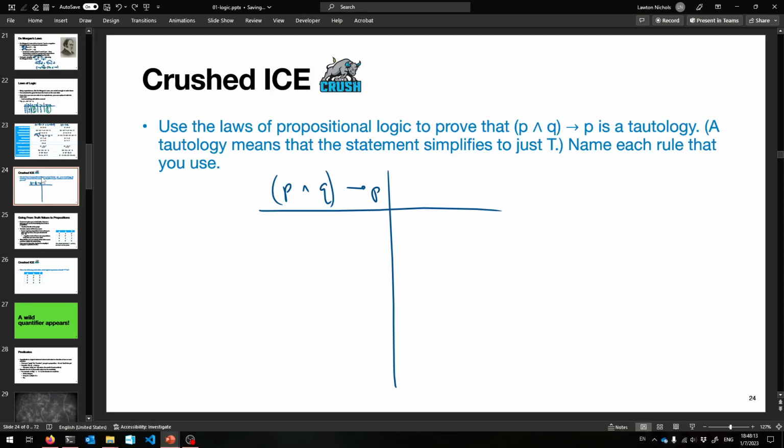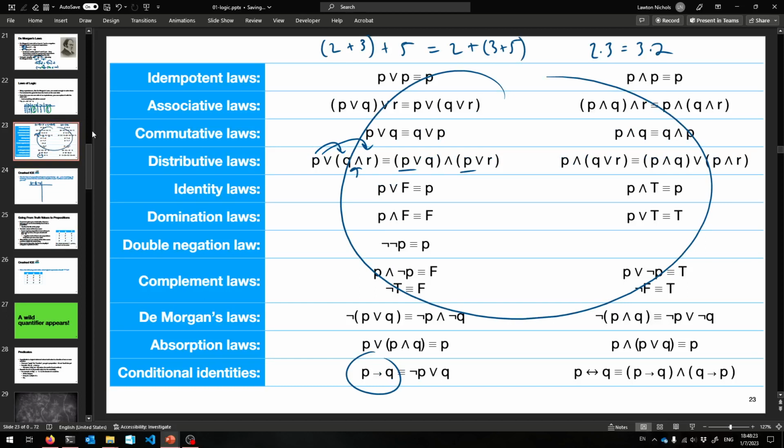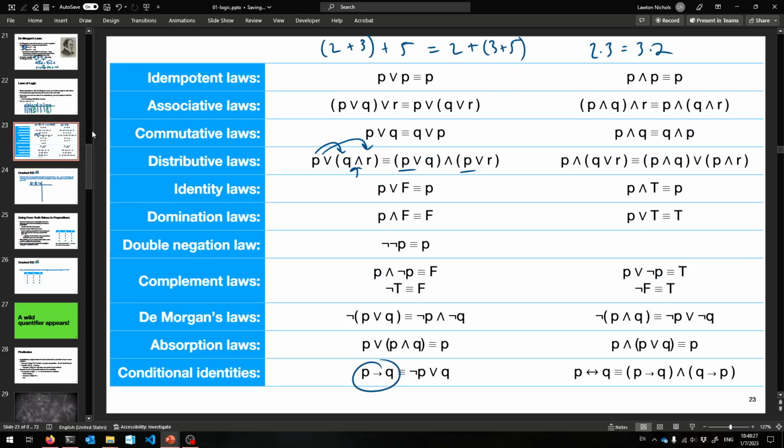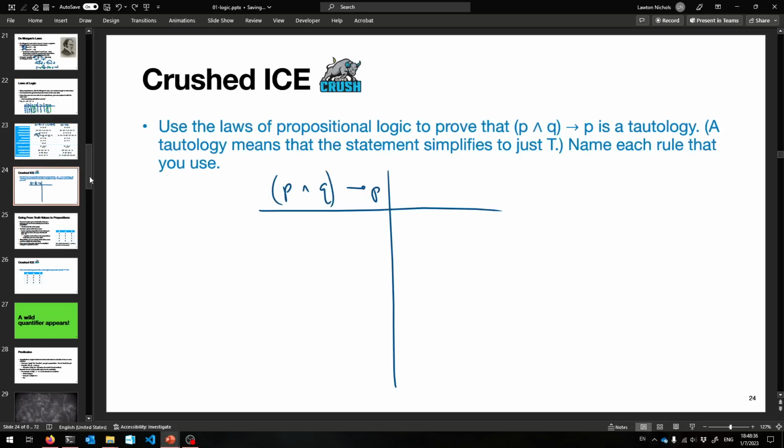When you're stuck, the best way to work is to always just transform it to ands, ors, and nots, because a lot of these are made up of ands, ors, and nots, and not implications. There's no other implications anywhere else. So let's get rid of that implication first. Any implication, P implies Q, becomes not P or Q. We have proven that.